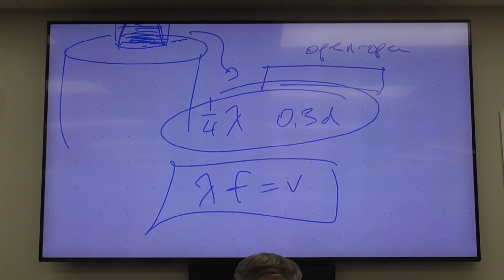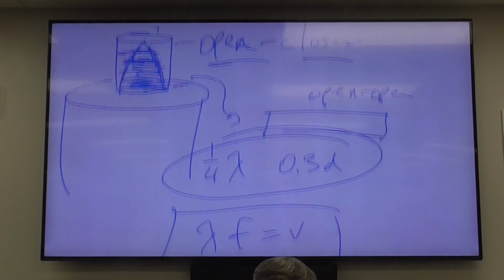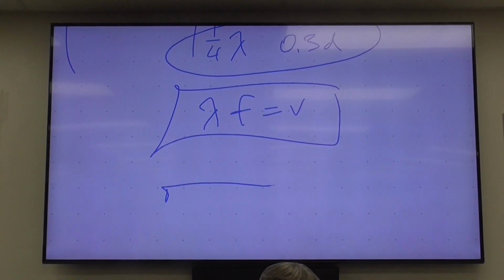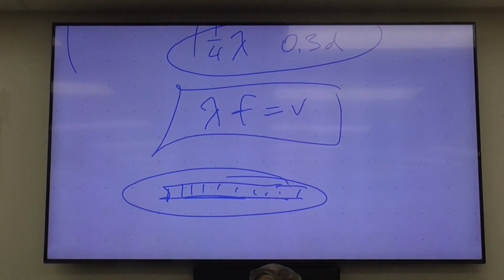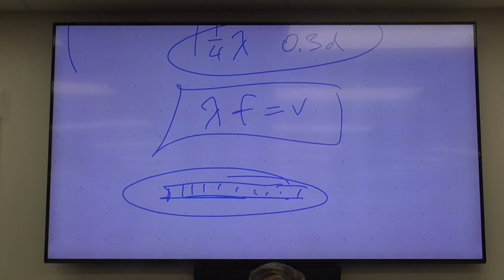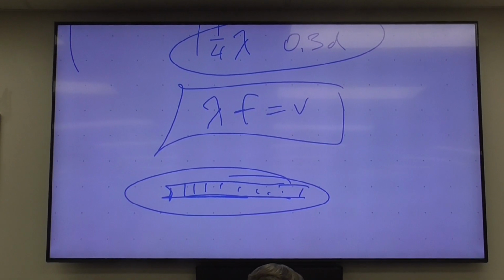Keep that in mind. Now, the other one, which was that open system, and that's harder to get it to really resonate, mainly because on that open-closed system, it's just bouncing off of water and it's coming back. This, you're making the entire column resonate, and so you can hear it, but it isn't as distinctive as that open-closed system is.